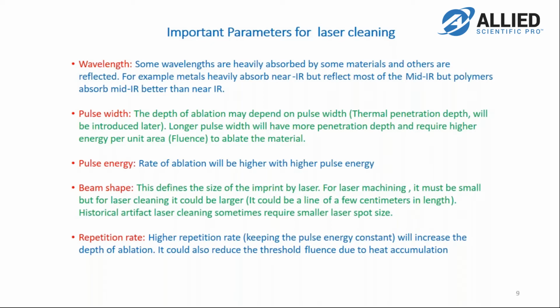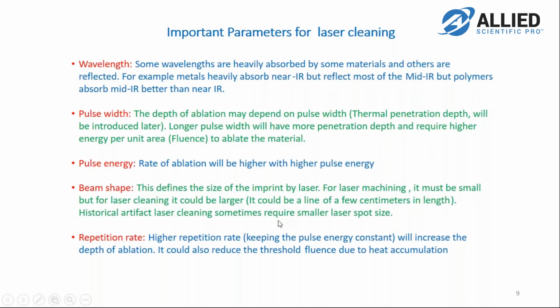So depending on what material you're cleaning, for example, metals heavily absorb in near IR, but they reflect most of the mid IR. But polymers, for example paints, absorb mid IR better than near IR. These are all the factors that one has to take into account: what material you want to clean, and what kind of wavelength you have to use.